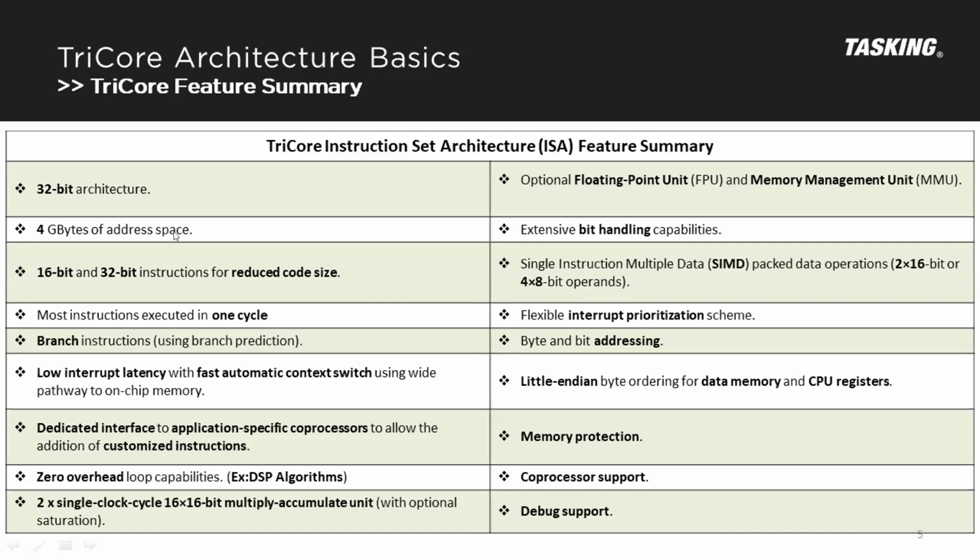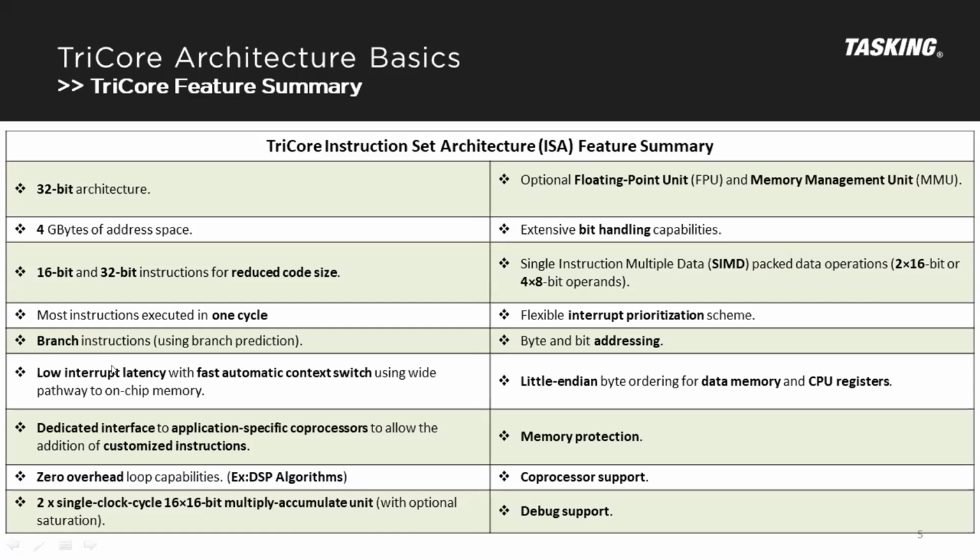If code size is important for you, the architecture provides 16-bit instructions and 32-bit instructions as well. Most of the instructions are executed in one cycle, which is really very good in terms of performance. You will find some branch instructions already supported as well.